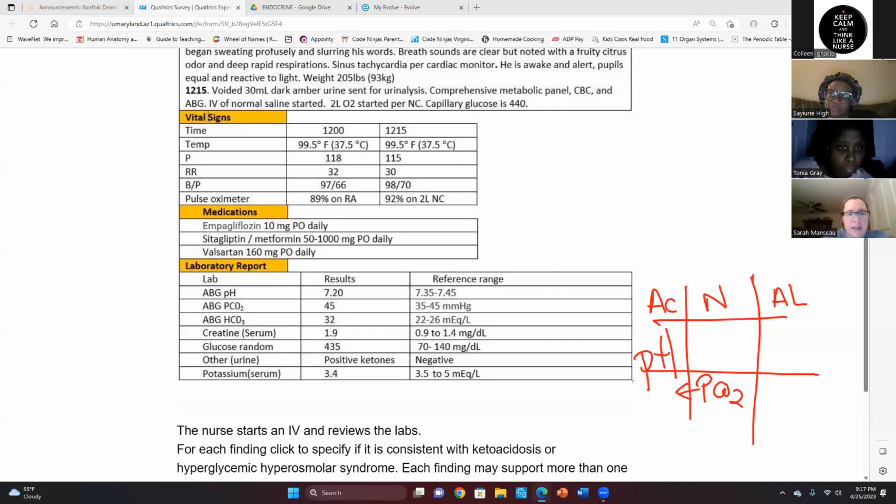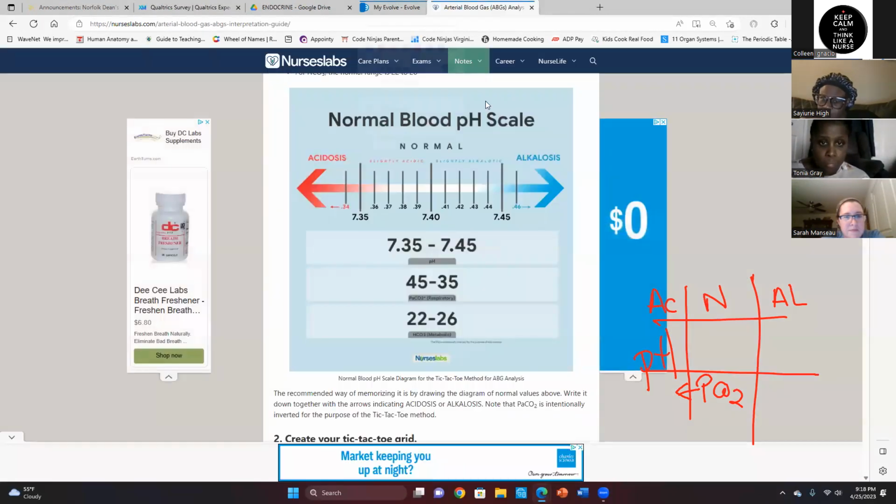Let me share this with you. Kaplan does have a video, but I know that many of you had med surg with me before, and I love this Nurse Labs ABG little chart. Let me get it real quick to show you because that's how I do it. Some people like ROME, and that's okay too.